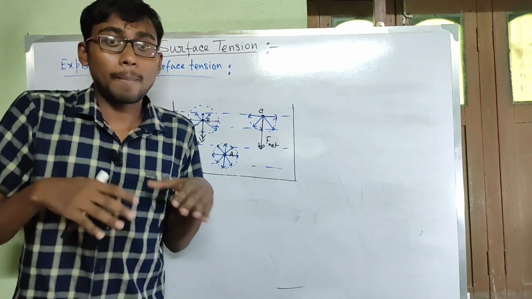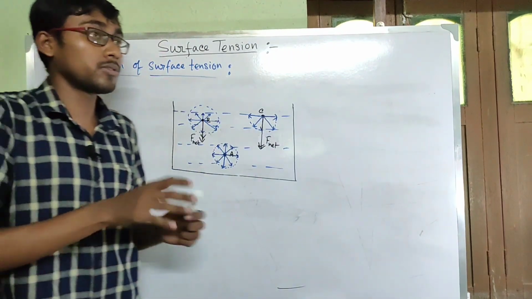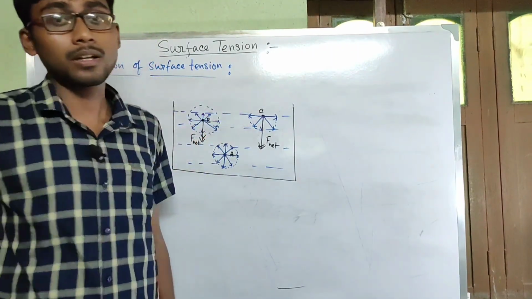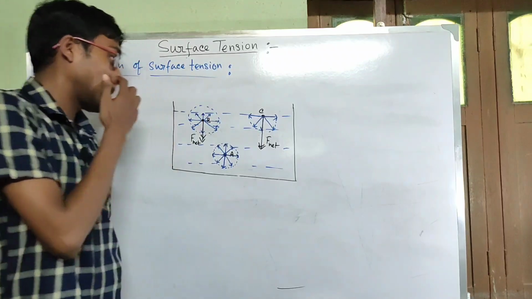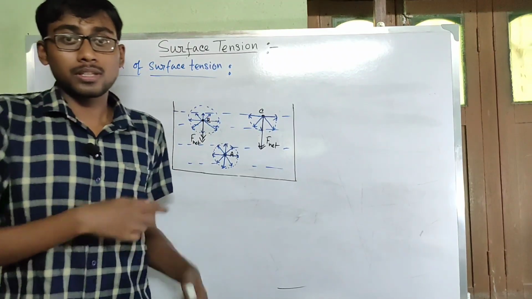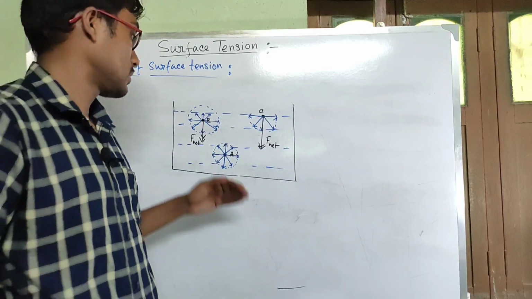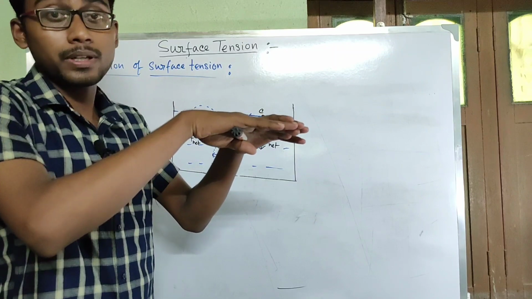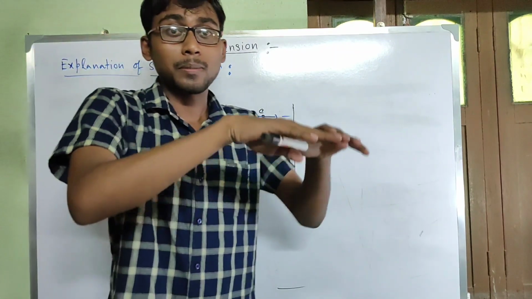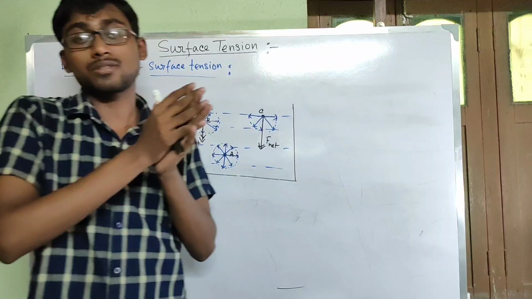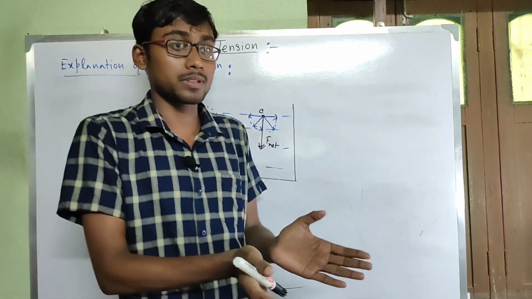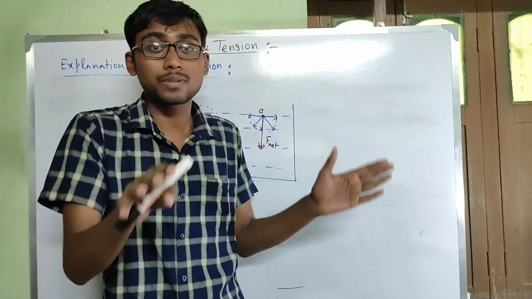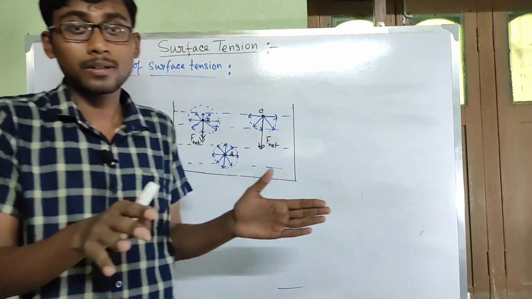In other words, the liquid surface wants to minimize its surface area. Minimum surface area means a minimum number of molecules at the surface of the liquid.